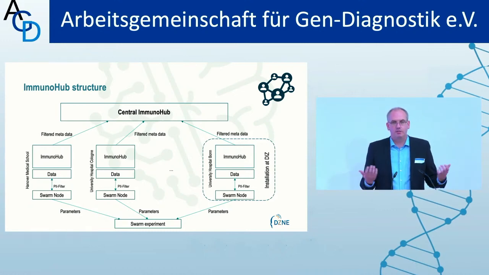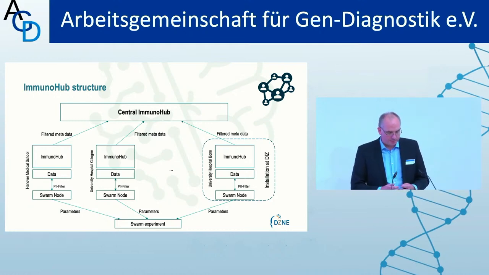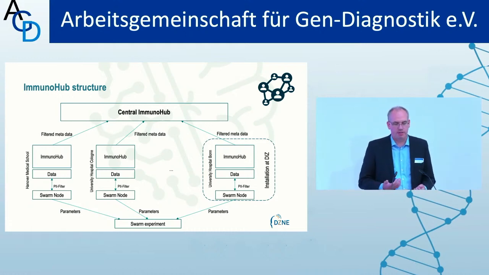For data sets, obviously, you're only publishing metadata there and nothing that is personally identifiable information. On the bottom side, you can see that all these nodes are also connected through swarm nodes so that they can collaborate if you want to run a swarm experiment.